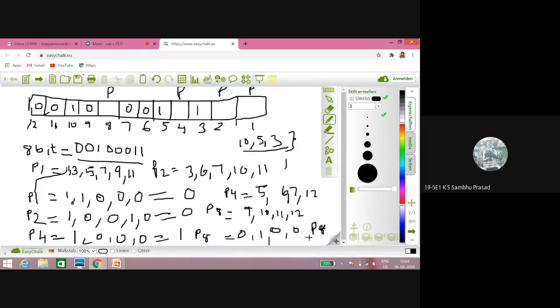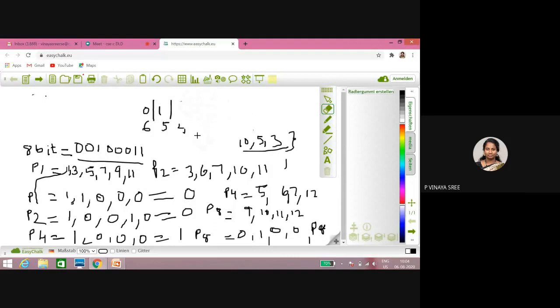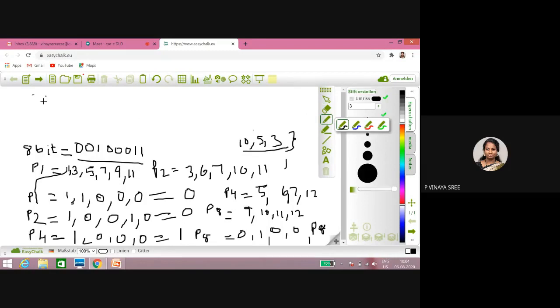Means P8 should be 1. Okay. Now, after adding all, tell me the answer. In place of P1, write down 0. In place of P2, write down 0. In place of P4, write down 1. In place of P8, write down 1. And tell me the final result.